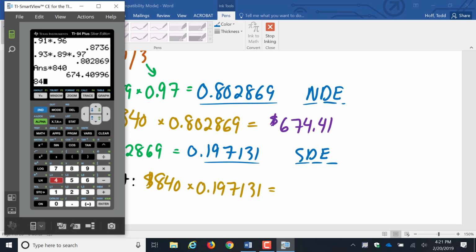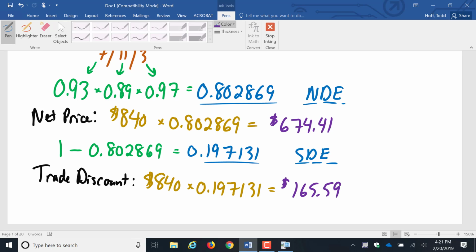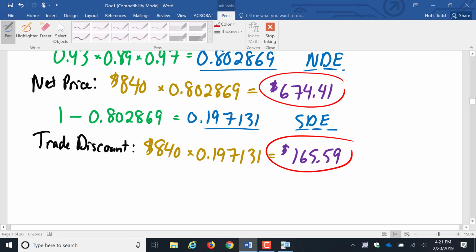So 840 times 0.197131 gives us 165.59. Note, if we add those two together, 674.41 plus 165.59, we do get $840. That was our list price.